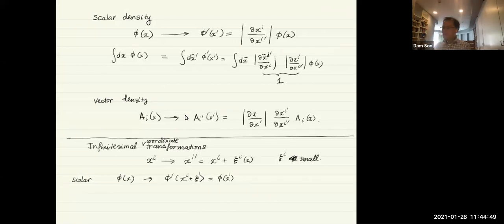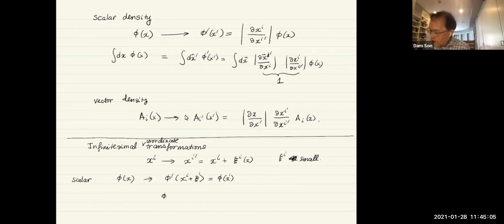That was the definition, but sometimes it's more convenient to think about φ' with the argument x instead of a new argument x'.